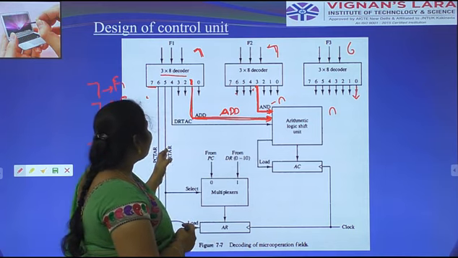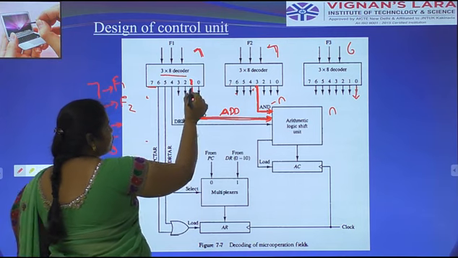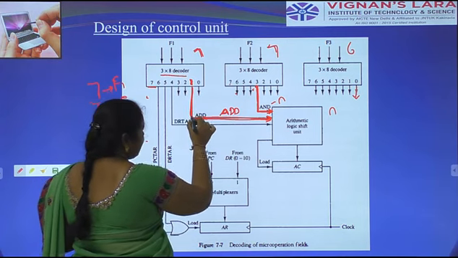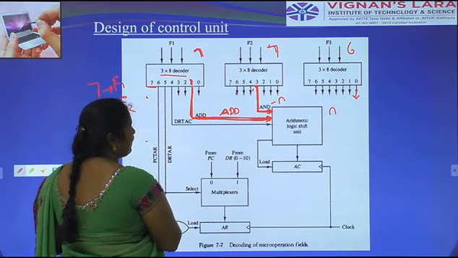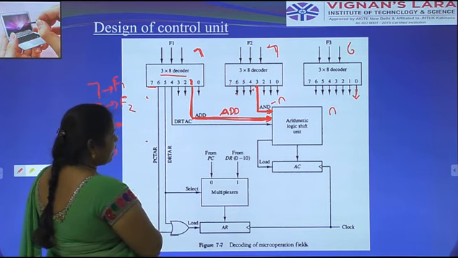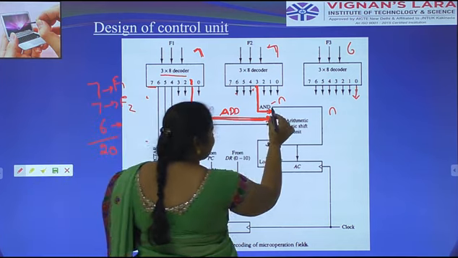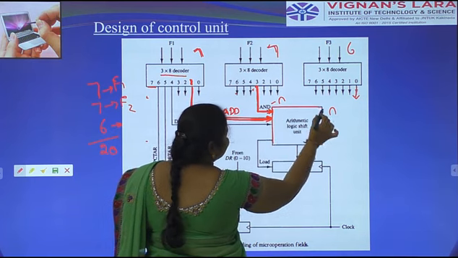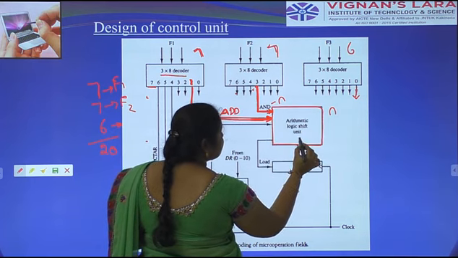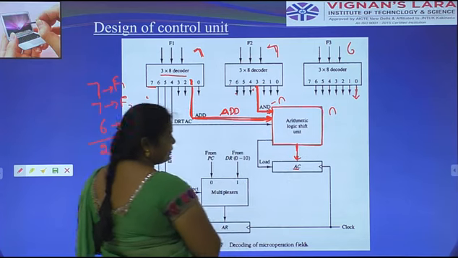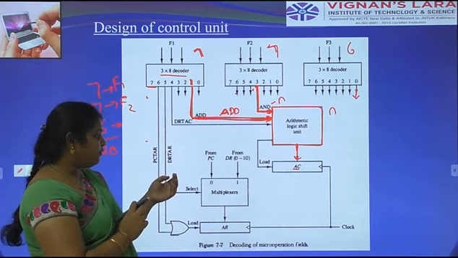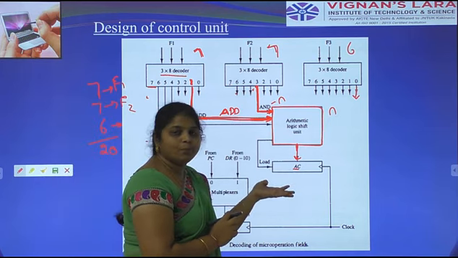Coming to the F1 field, here 1 gives its output to the input of the arithmetic logic shift unit. Here the AND operation is performed. The result of the operation performed with the help of the arithmetic logic shift unit is placed in the accumulator.